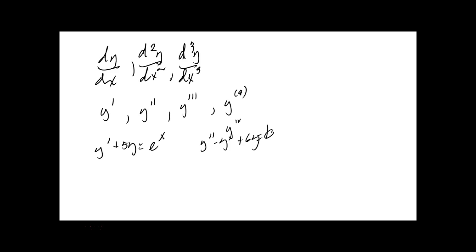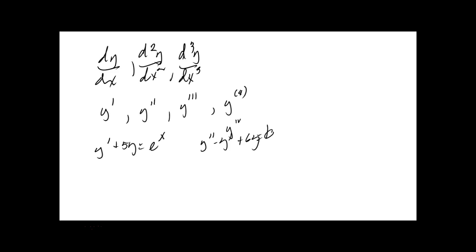Since you have this, this tells you x is your independent variable. This one, you don't know what the independent variable is. You just sort of have to guess that it's x. But this one tells you this is your independent variable. So this would be dy dx plus 5y is equal to e to the x. This one, if they don't tell you, you just usually assume.